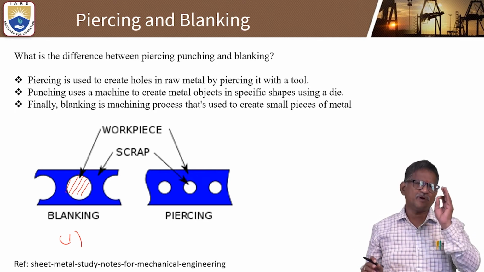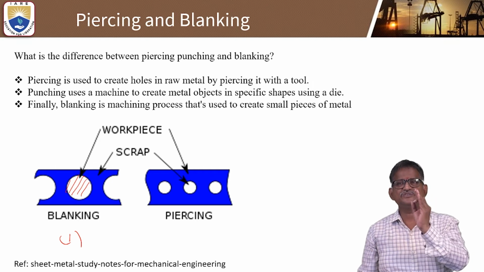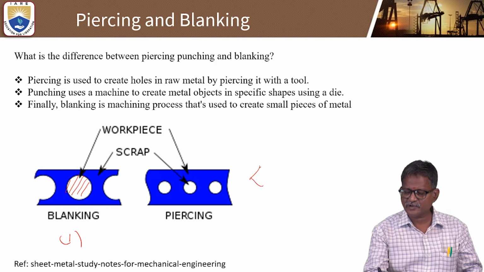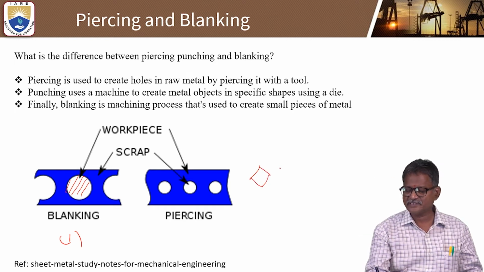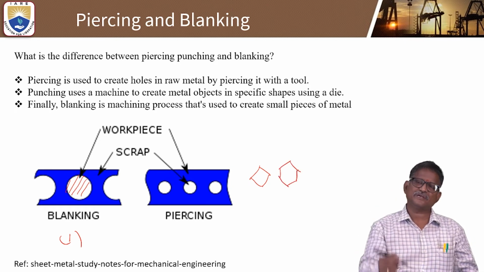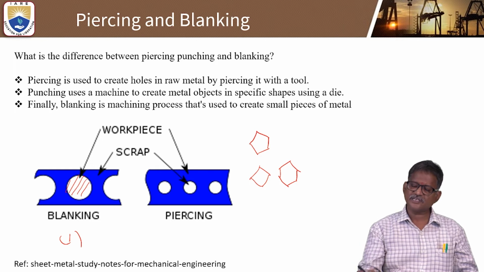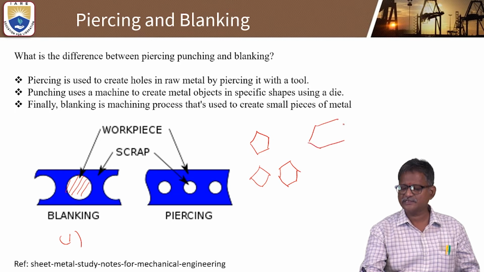Similarly, punching uses a machine to create metal objects in specific shapes, not only a circular shape. Suppose it should be a rhombus shape, then that shape of punch is required. If it is a hexagonal shape, you can obtain a hexagonal punch. Suppose it is a pentagonal shape, okay, whatever the shape, so the 3D diagram. If it is a hexagonal shape, like that, this is the punch.